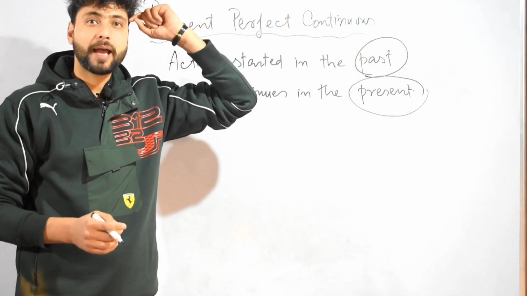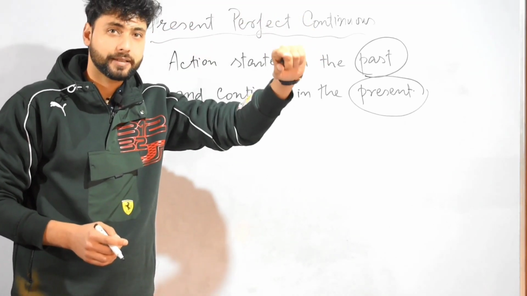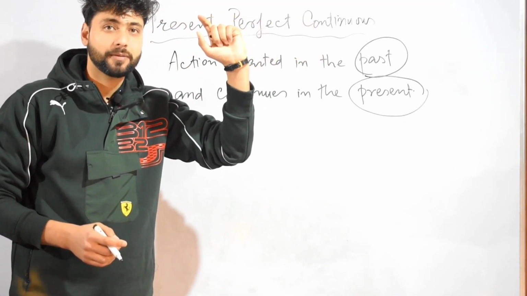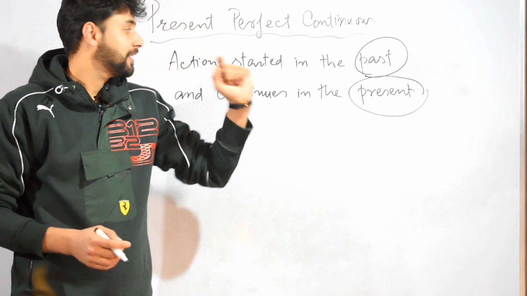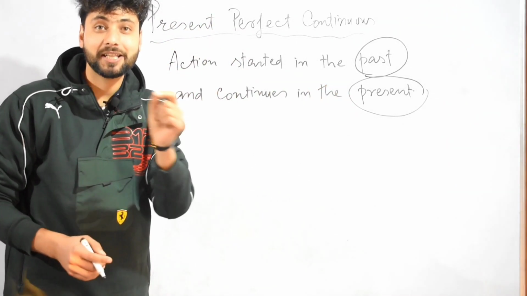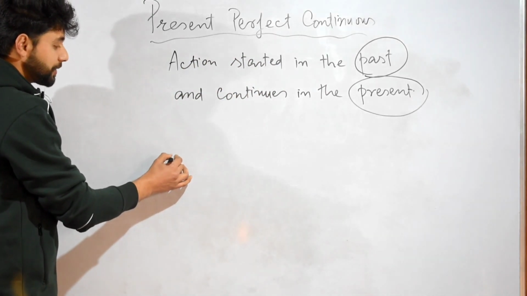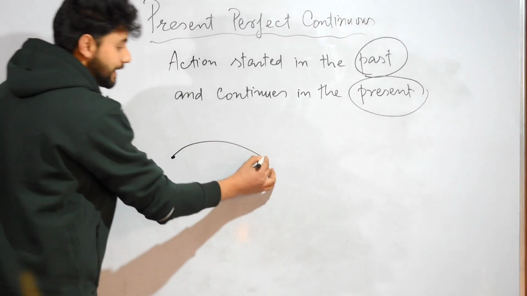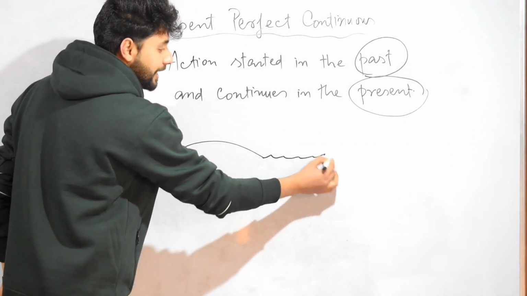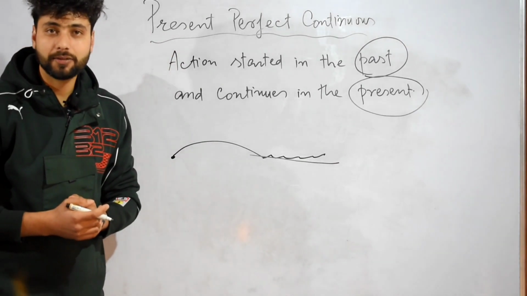So we are talking about the past first. The action has already started in the past. It's history, but not exactly. And it continues in the present and is still in progress. So the action started from this point and is still on. This is present perfect continuous.